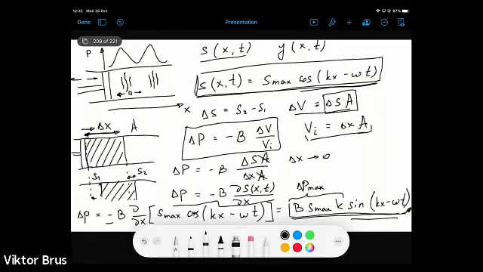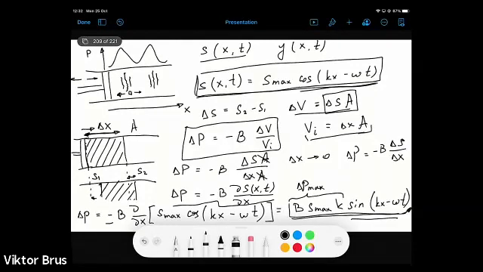So that's why we can substitute delta V with delta S times A and VI with delta X times A. Now we see here that delta P is equal to minus B delta S displacement divided by delta X.